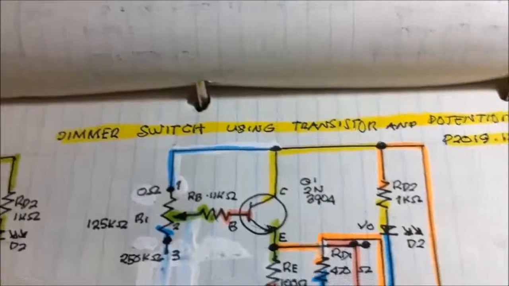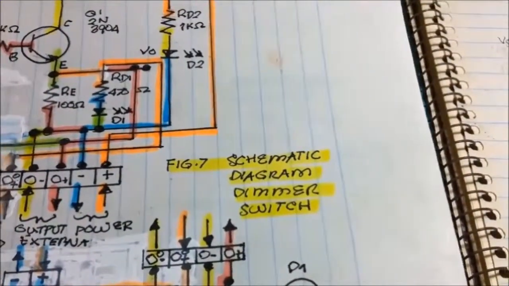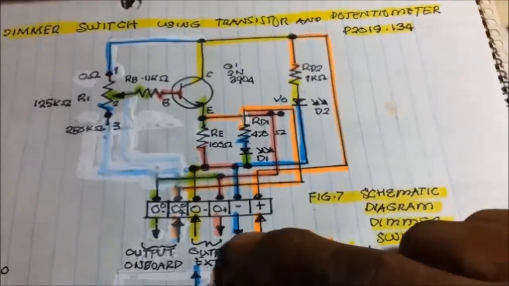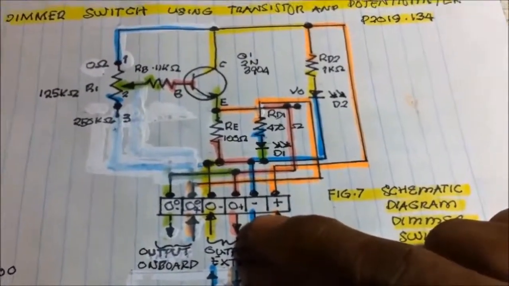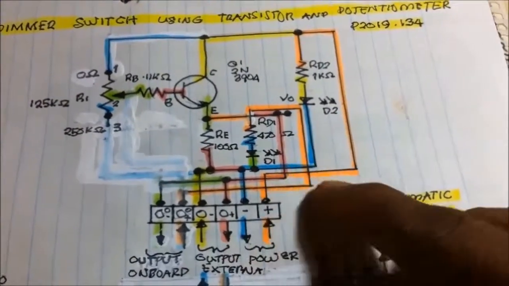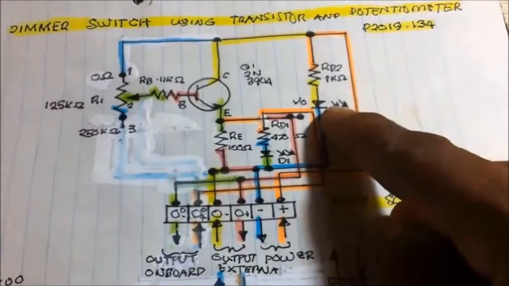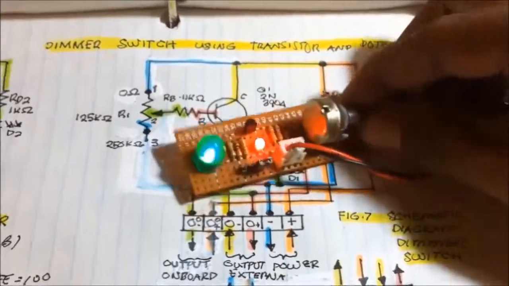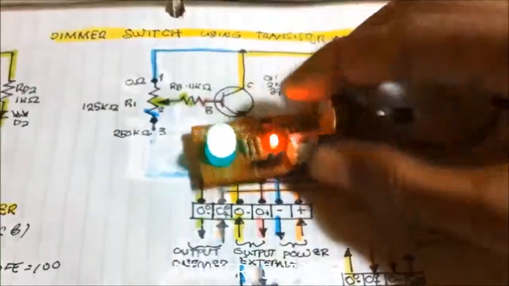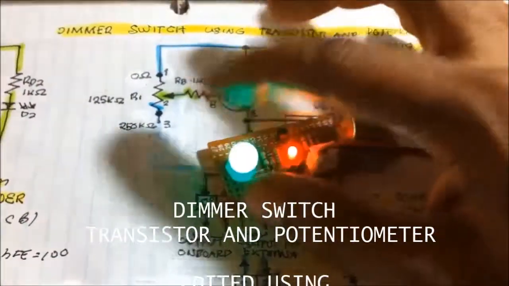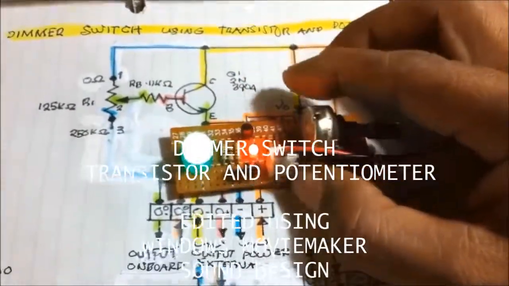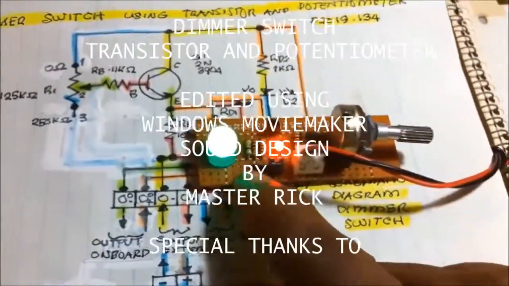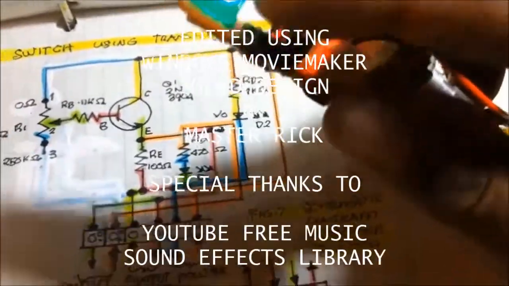So we got now here our schematic diagram for the dimmer switch. I'm using the jumper settings. If I'm going to use the onboard, this one. If I take away the jumper, the onboard will be disconnected, and we are now going to use the other output pins for the external.